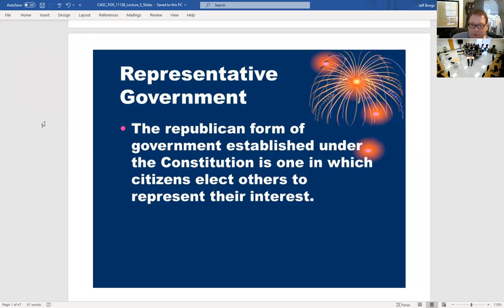And so what this will do is also protect the liberties of those in the minority.